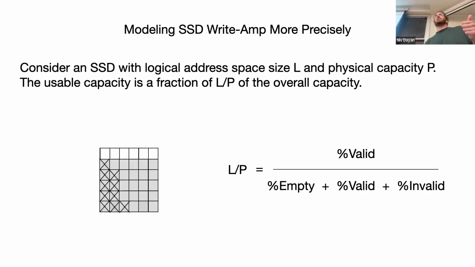Now, as we talked about during the first week, we do garbage collection as late as possible, when we have very few empty pages left. So you can approximate this as valid divided by this thing here.